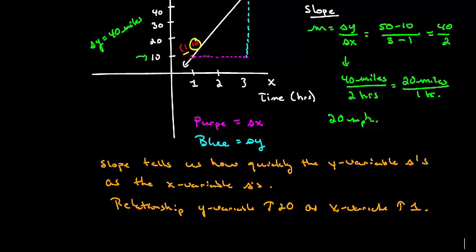Or the y variable increased by 40 as the x variable increased by 2. That's the idea of the slope. It tells us how one variable changes as another one changes. And if you haven't thought about it that way before, start getting used to thinking about that change in y versus the change in x and interpreting it when you calculate slope. Because most of you are going to be taking physics at some point, and in that course it's going to be so vital for you to understand that relationship and not just computing numbers.